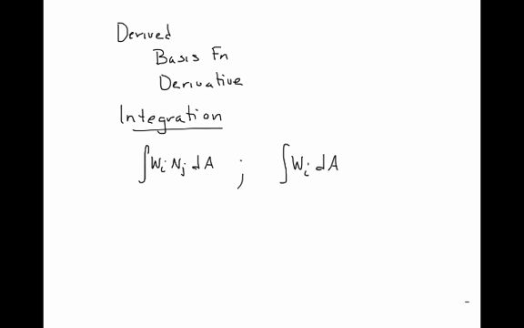Let's start with the integral of W sub I dA. Now we know, based on our initial notation, that this is really the integral of the sum over I of Wi dA. And we can expand that.